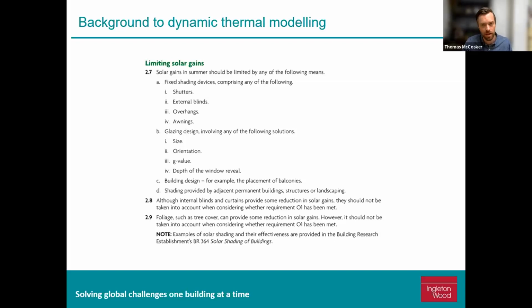The conversation can go back and forth, but it is worth noting that in your design, it has to be an external shading device, or as Jason was saying too, the size, the orientation, or the solar transmittance, that G value that we see in section BII there.